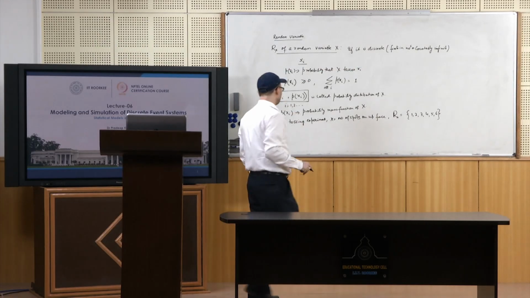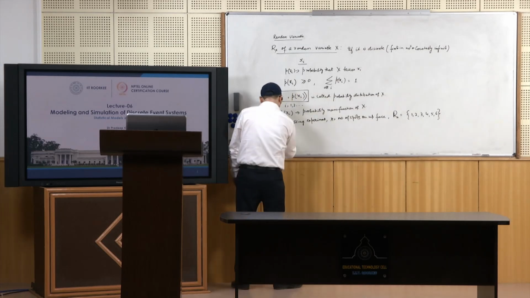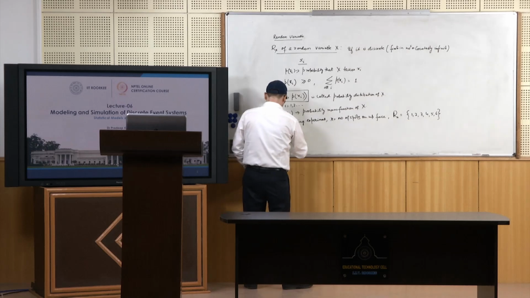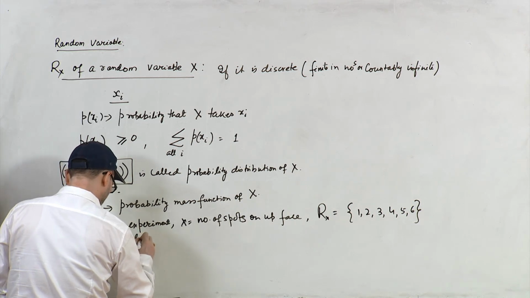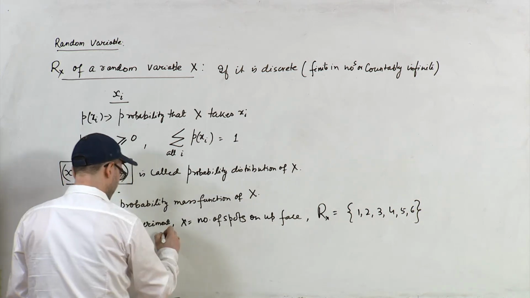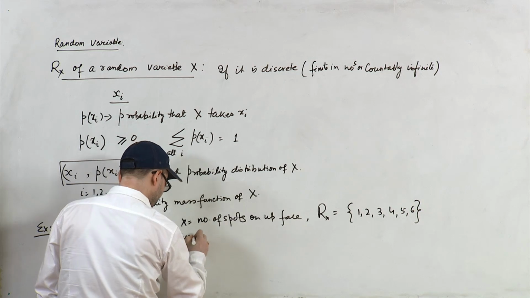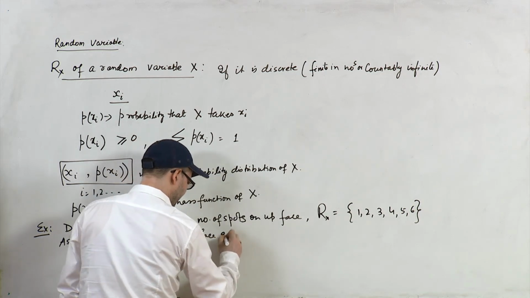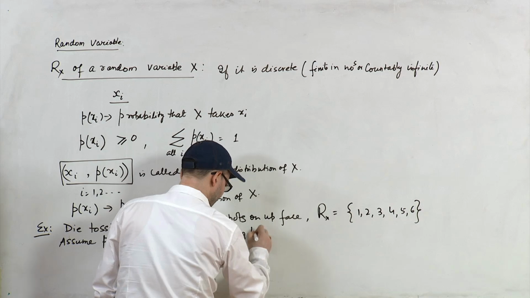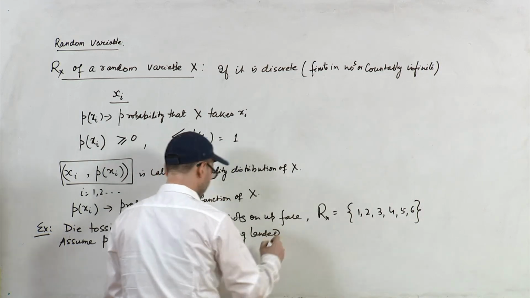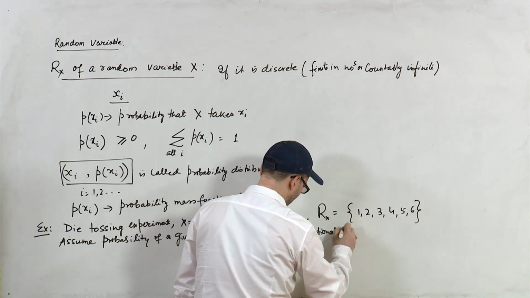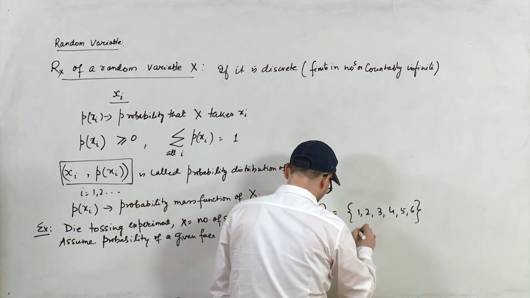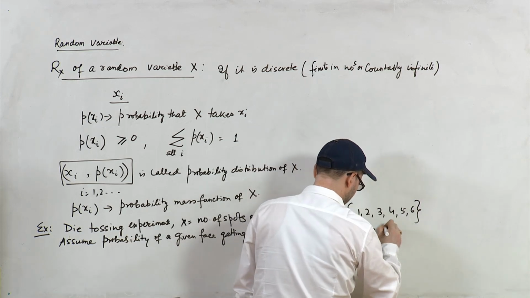Now, if the condition is given like this, assume the probability of a given face getting landed is proportional to the number of spots shown.